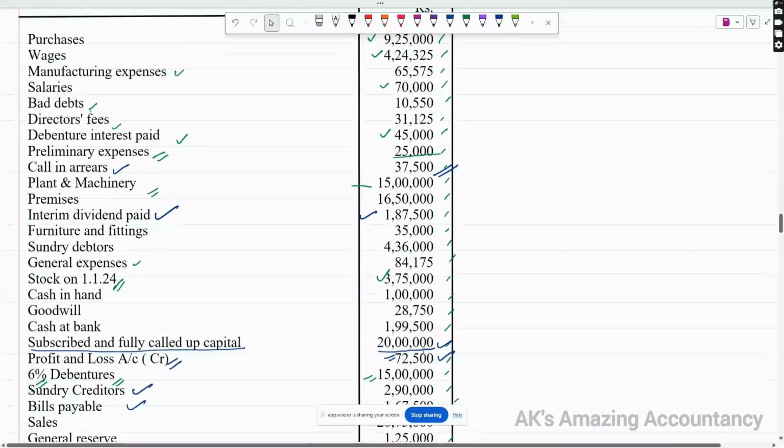Just have a look at the problem. How much is given as sundry debtors? Here we have sundry debtors, it is 4,36,000.